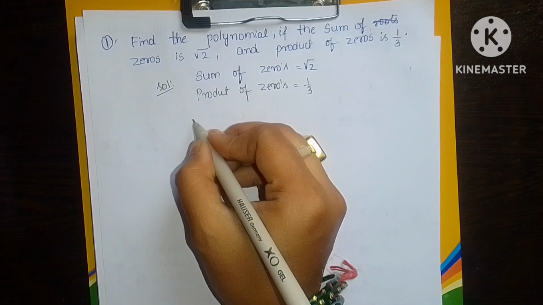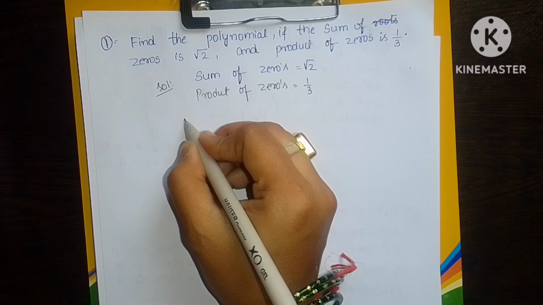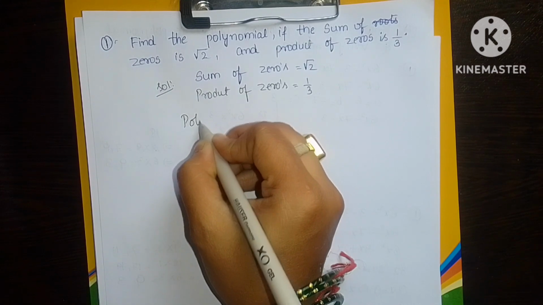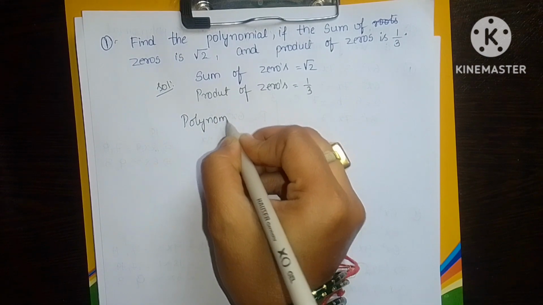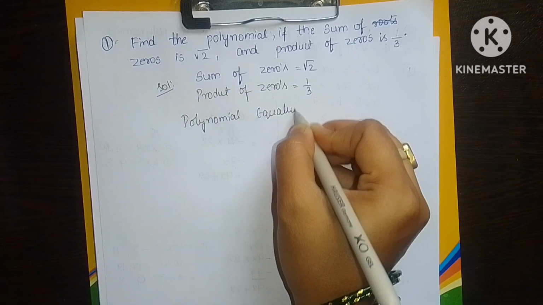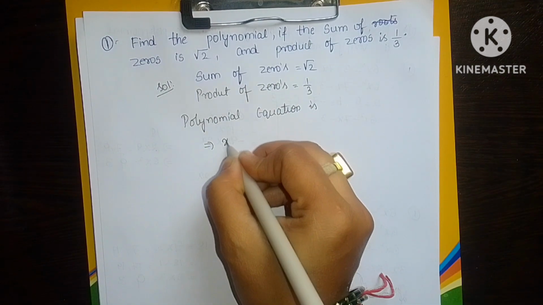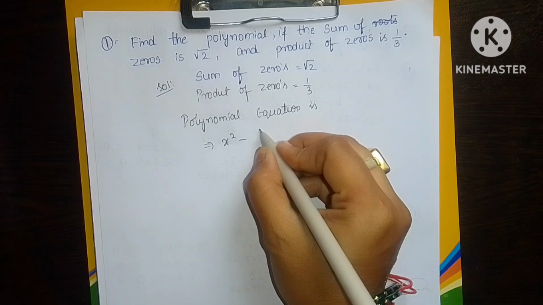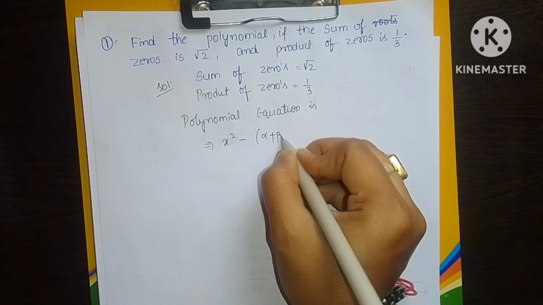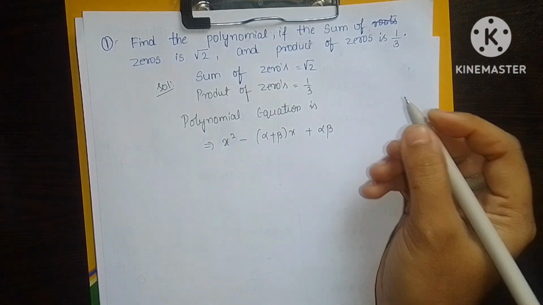So to find the polynomial, the equation is x square minus sum of the roots into x plus product of the roots.